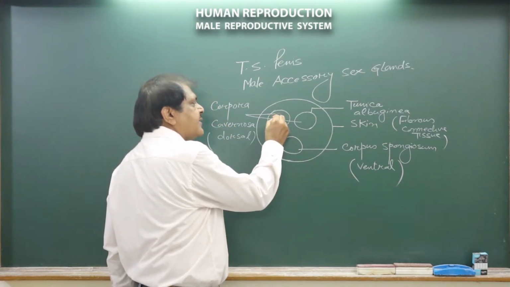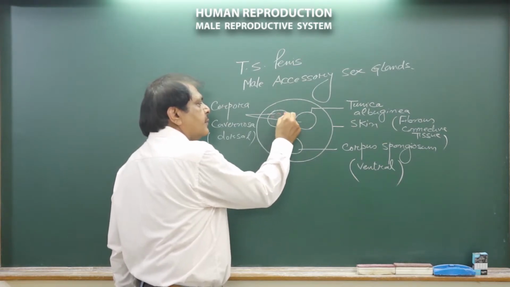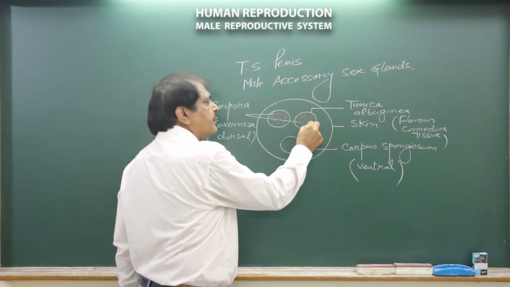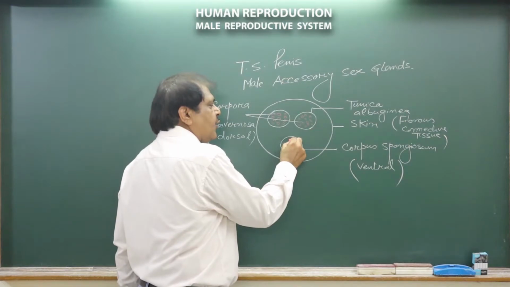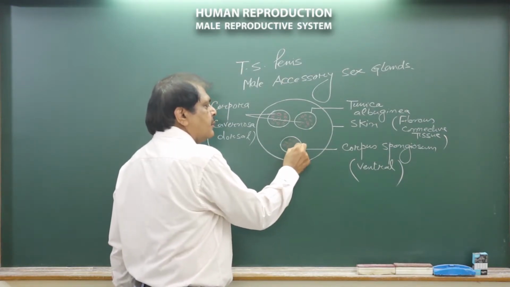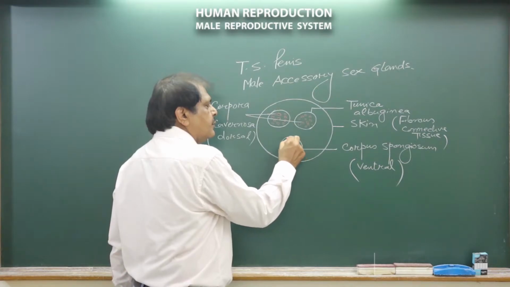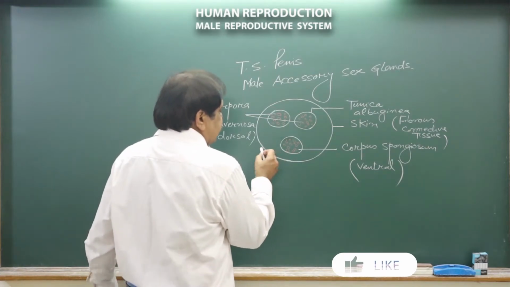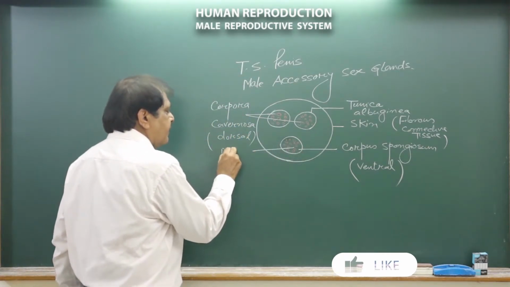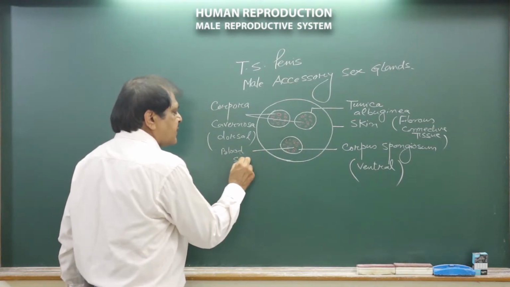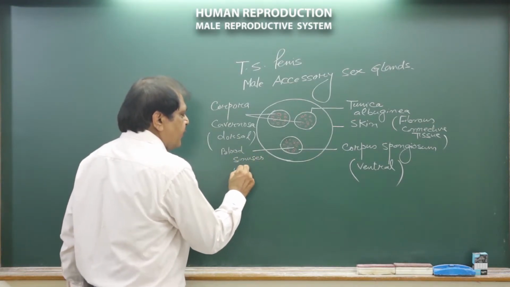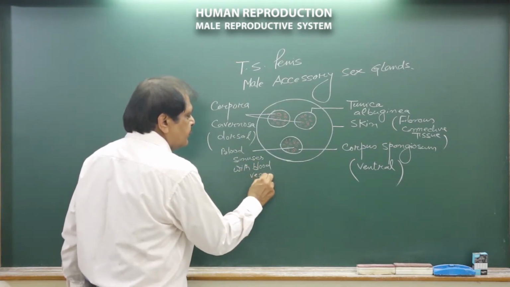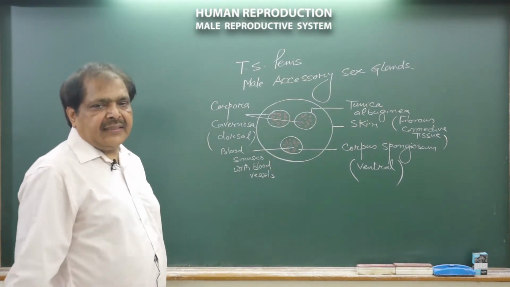These are the blood sinuses. These are filled with blood. These are known as the blood sinuses with blood vessels.